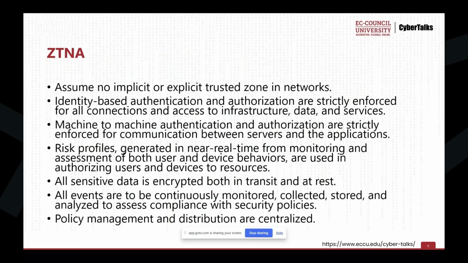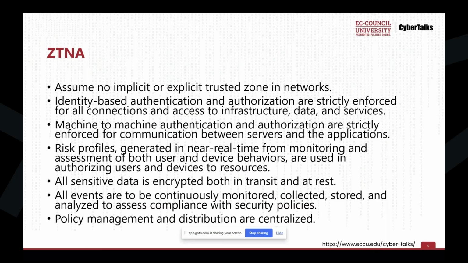Here, assuming there is no implicit or explicit trusted zone in the networks, right? Identity-based authentication and authorization need to be enforced for all the connections, and access to infrastructure, data and services needs to be granted based on that authentication and authorization being successful.